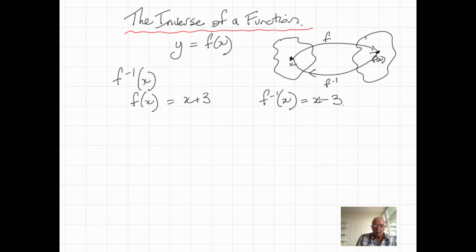So the domain, some important properties. So if this is the domain, and this is the range, the domain of the inverse function will be the range of the original.